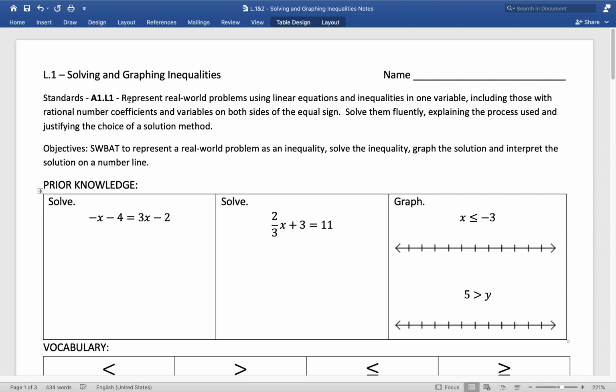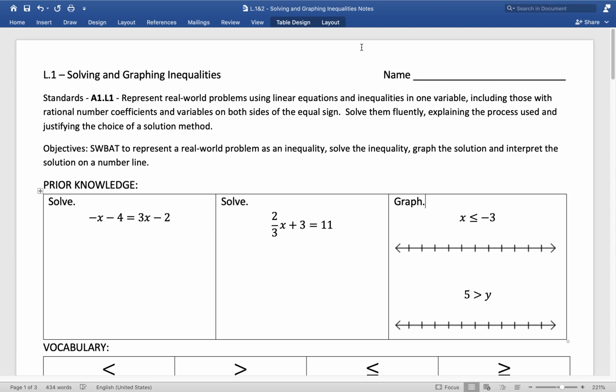So the standard says to represent a real-world problem using linear equations and inequalities in one variable, so there should only be one variable that's the same, including those with rational number coefficients. Rational numbers are going to be fractions and decimals, and variables on both sides of the equal sign. Solve them fluently, explain the process used, and justify the choice of a solution method.